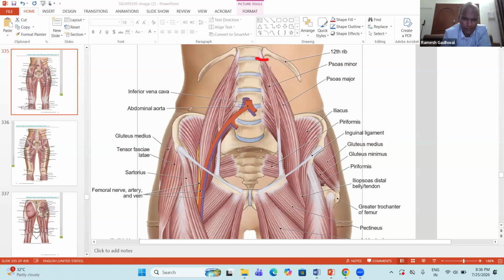If you see this iliac bone level in this picture, it is equal. If I draw from here, then you see it is equal or not.